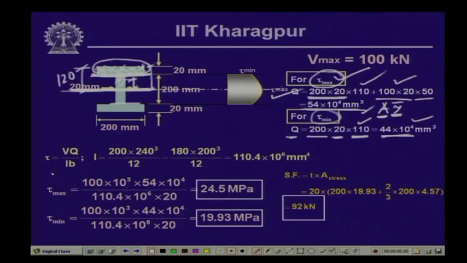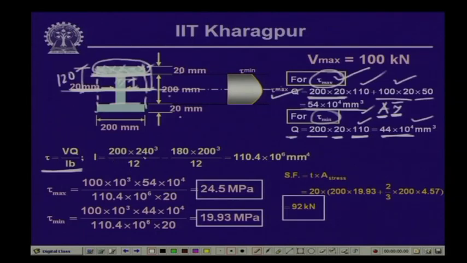Now, as we know, the shearing stress tau is equal to V Q by I b. The I of this particular section, if we consider the whole thing as one rectangle and compute the moment of inertia with respect to the neutral axis, is: width 200, height 220 plus 20, that is 240.